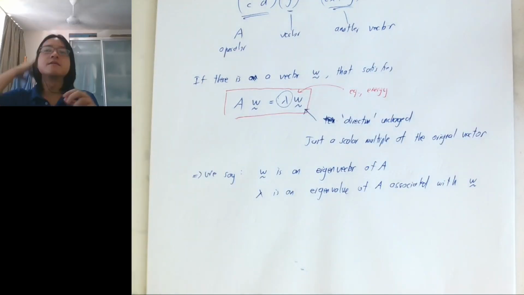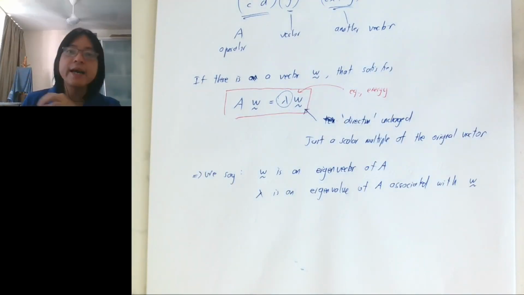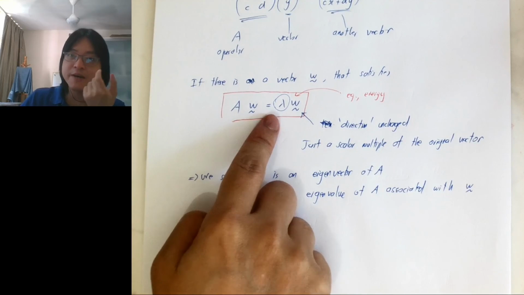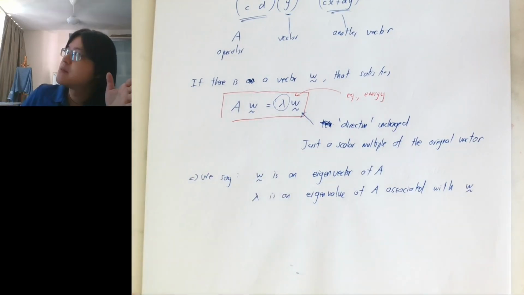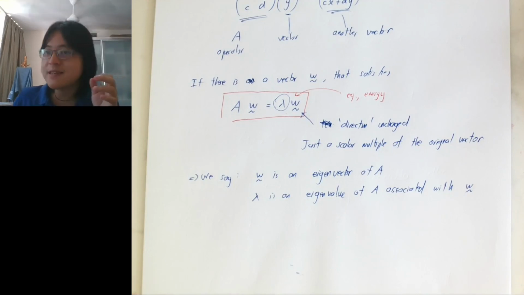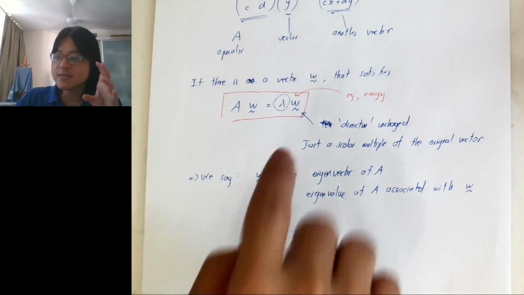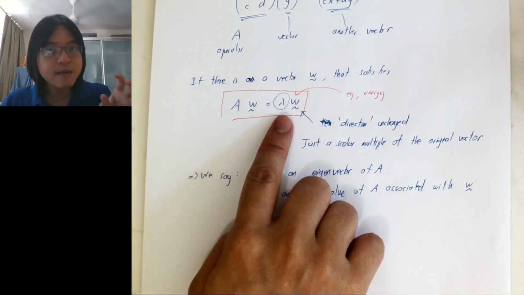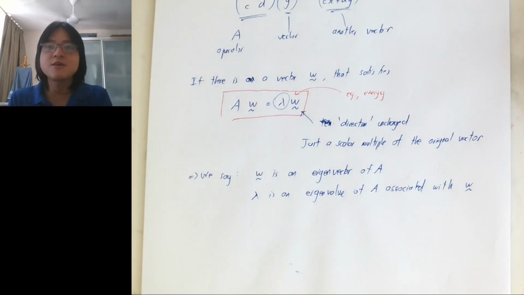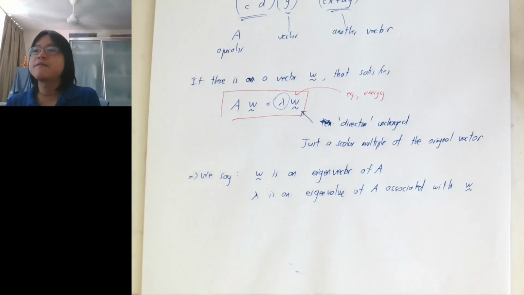The energy of the hydrogen atom is actually a number, 13.6 electron volts. The 13.6 is an eigenvalue of something. That something we will learn in this course: how do we get it as an eigenvalue?